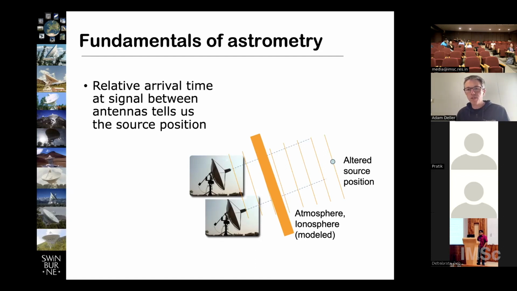We don't measure delays directly with our interferometer. We measure phases, and by virtue of having a wide bandwidth and measuring phases as a function of frequency, we can essentially convert back into effectively delay measurements. But I don't think we need to worry about that here. We can just visualize this as saying the interferometer is measuring delays, and from those delays we can infer positions on the sky.